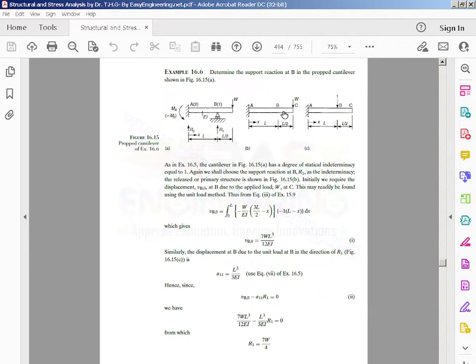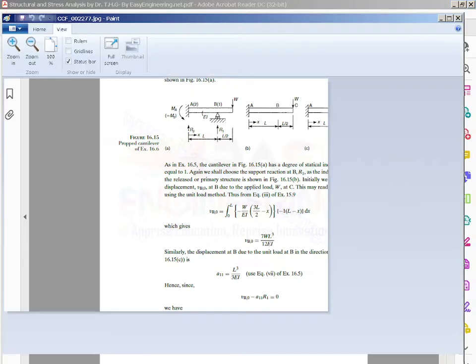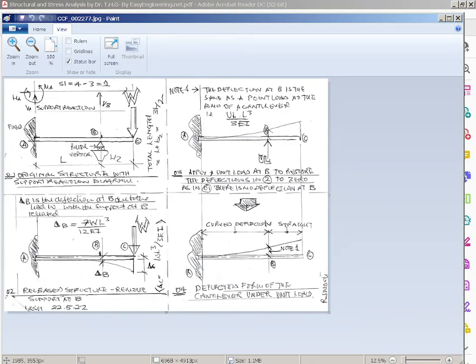I did this on my own little diagram. Can you see it? The deflection at B is on the released structure, my diagram number 2. Remove the support at B, and then you've got the original W load at the end.